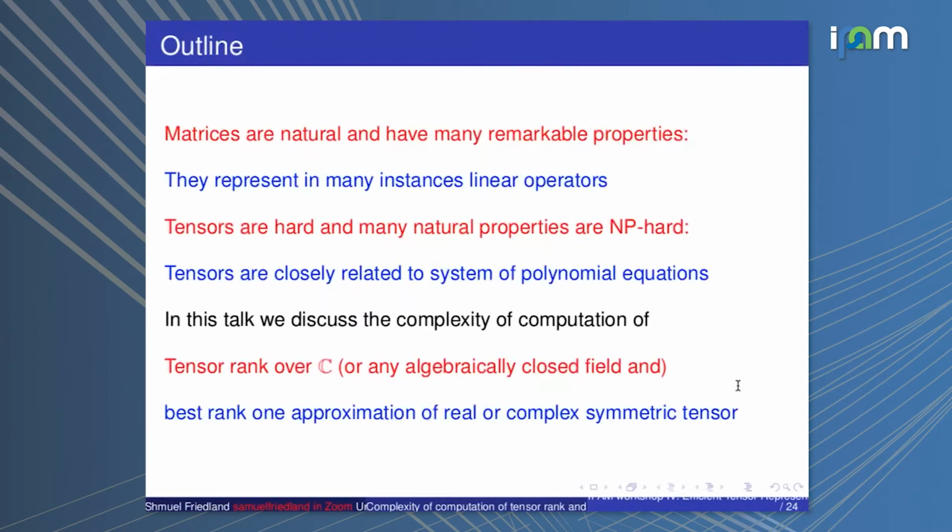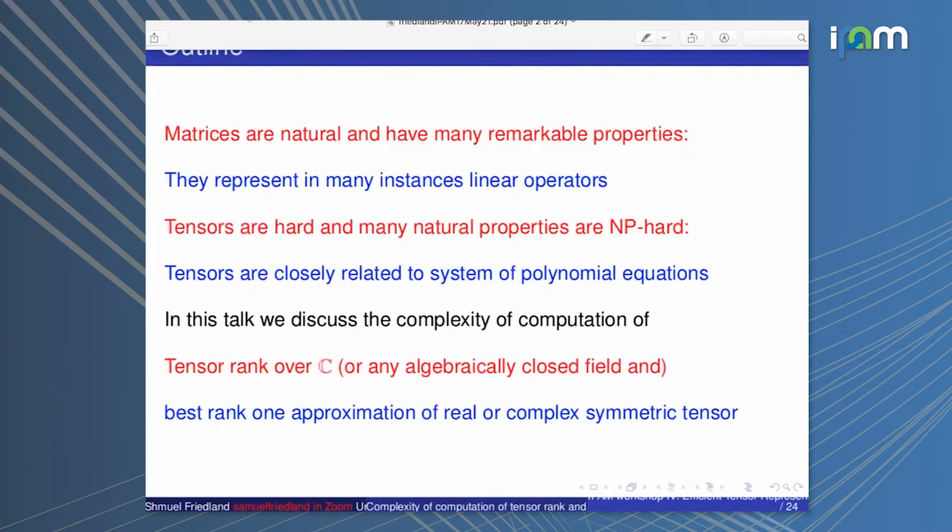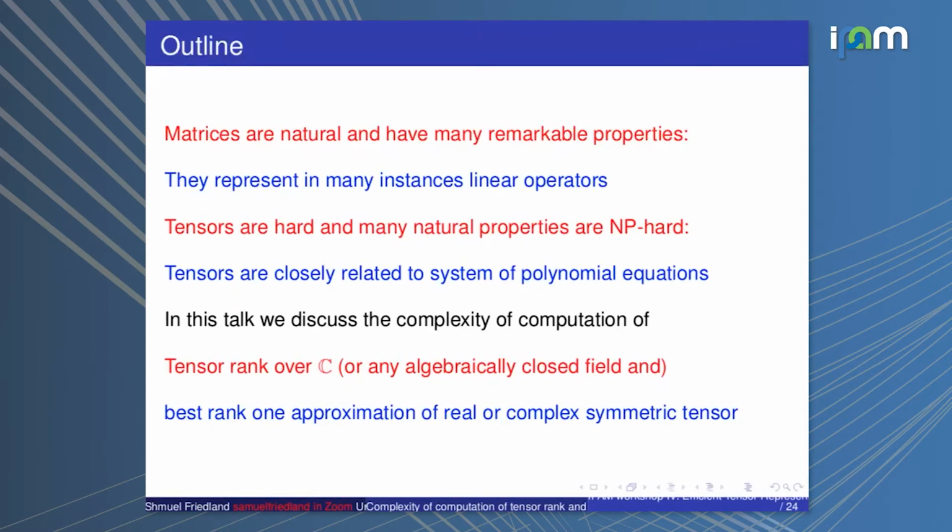Okay, so first of all, a word of wisdom. Matrices are natural and have many remarkable properties that many people already discussed here, because in many instances they represent linear operators. And tensors are hard, and many natural properties are NP-hard. Why?